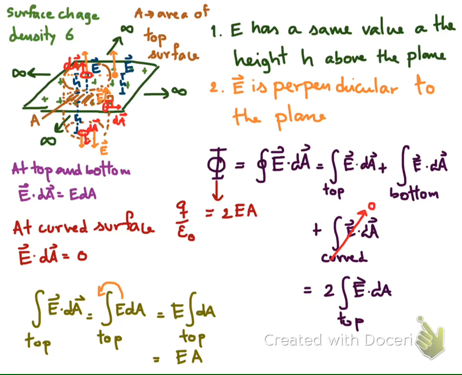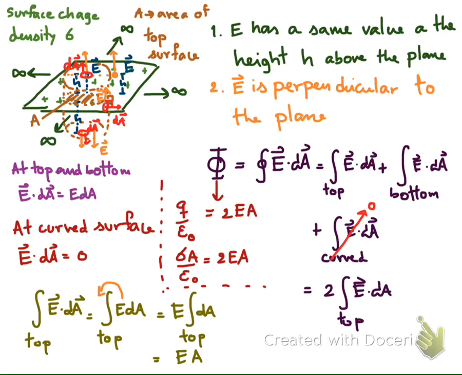So here Q is equal to sigma A, since sigma is the surface charge density. So on this area we must have the charge equal to the surface charge density times the area, and this is equal to 2EA.